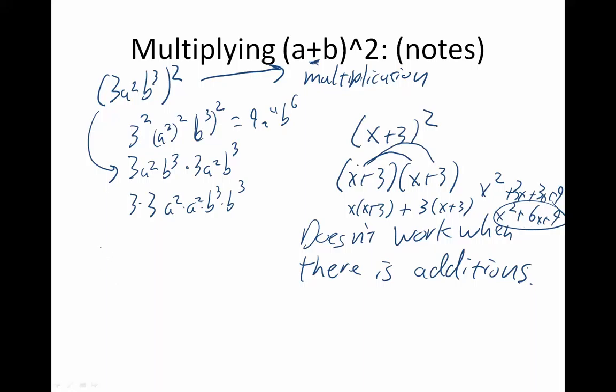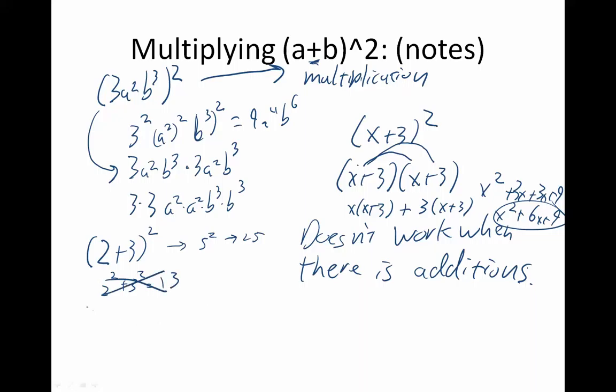Again, we can do it with numbers just to prove it to you. If we had (2 + 3) squared, which we know is 5 squared, or 25, and you were to go 2 squared plus 3 squared, that equals 13. So it doesn't work.